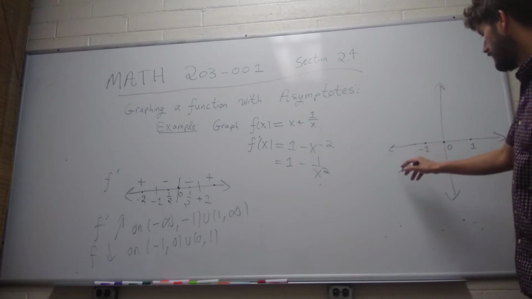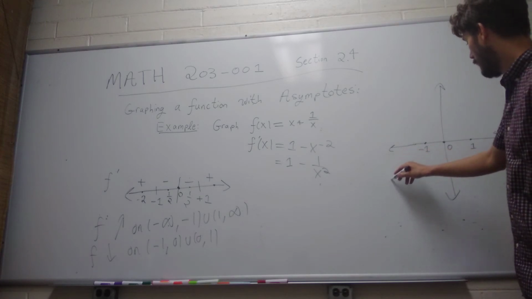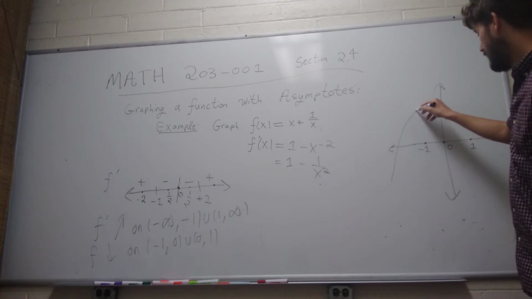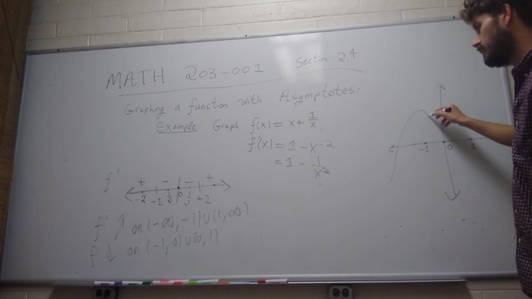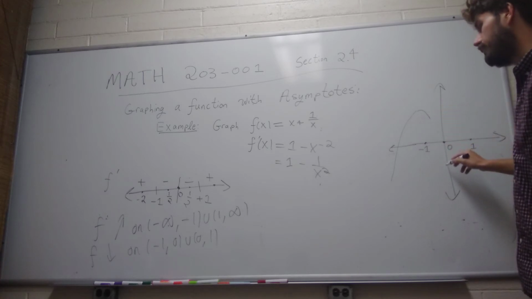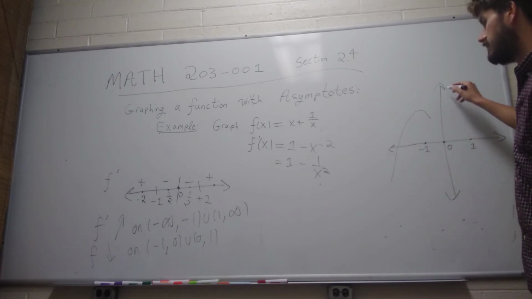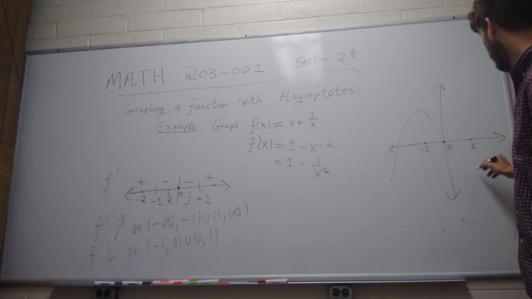So let's see, it's increasing here. And then it starts decreasing. We don't know what happens at 0, but we do know it has to start decreasing from somewhere here, and then start increasing again at 1.